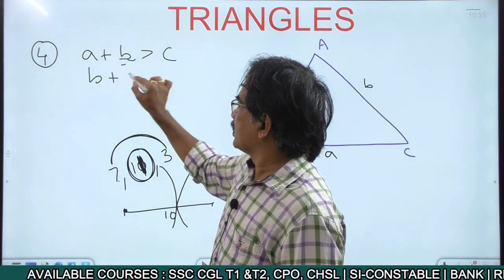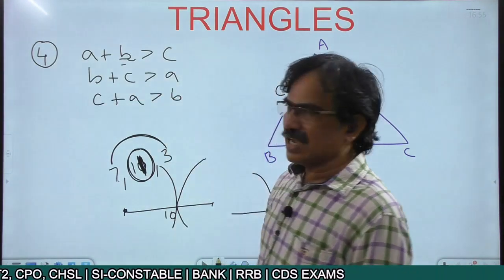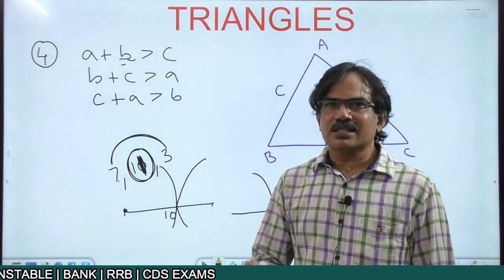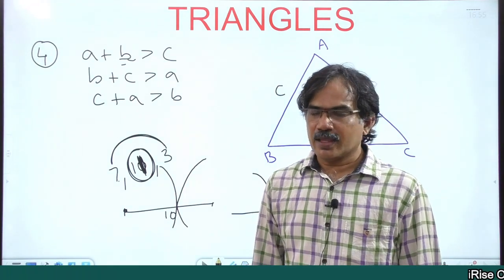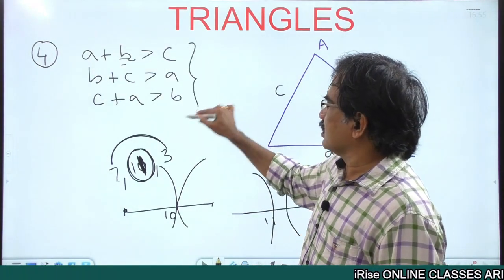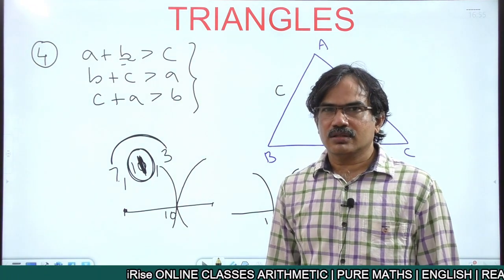Or B plus C greater than A, C plus A greater than B. Actual property is sum of two sides must be greater than third side. But all these three are not necessary to check.